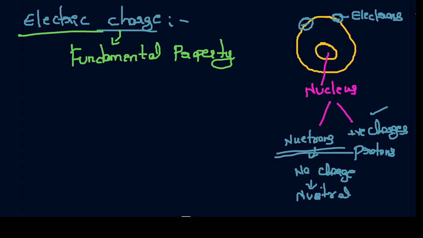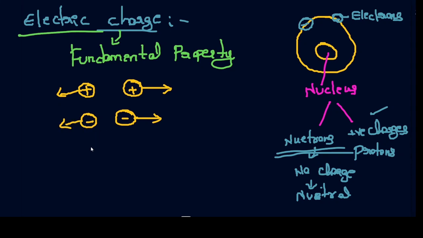Got it? Now, they have some properties. What are these properties? For example, if I bring a positive charge and a positive charge together, then what happens? These two charges will repel each other. Now I bring one negative charge and another negative charge together, and again these two charges repel each other.